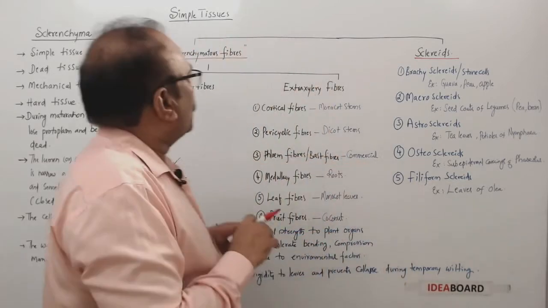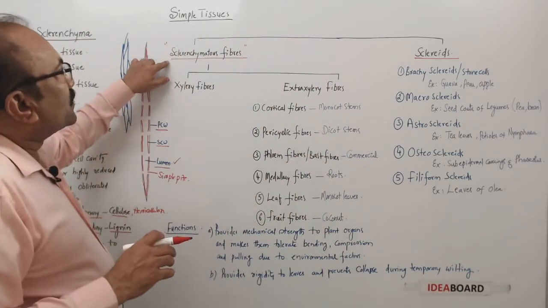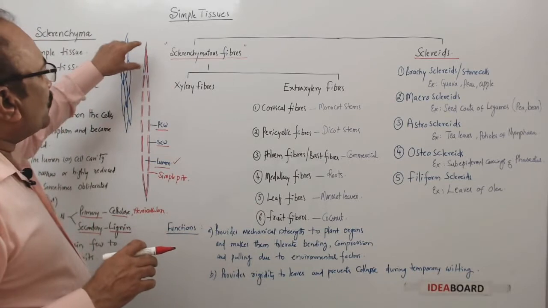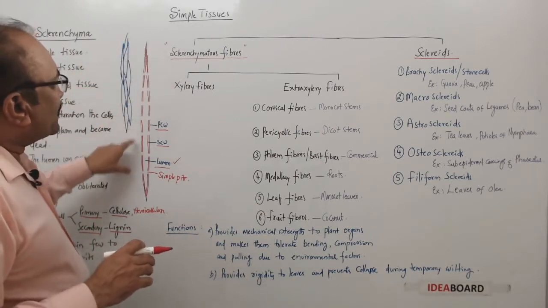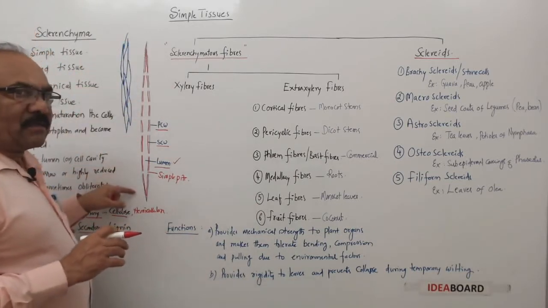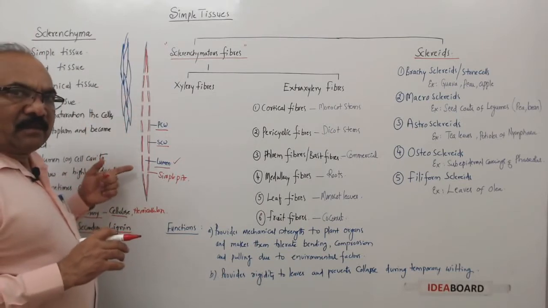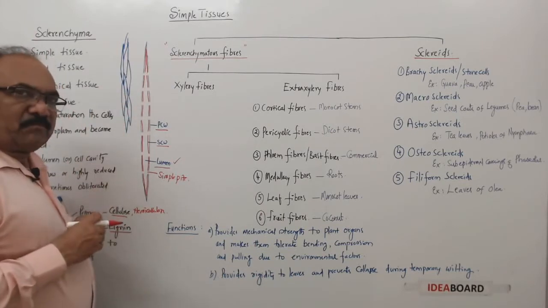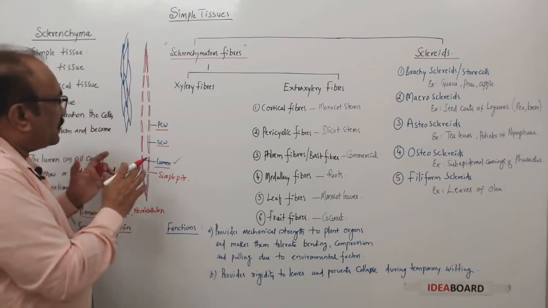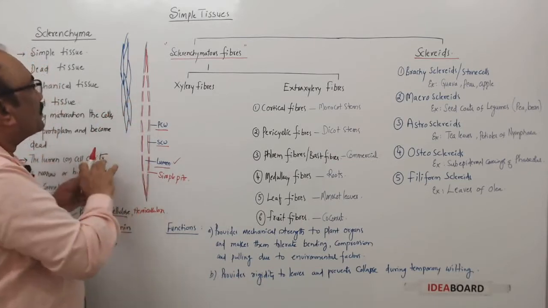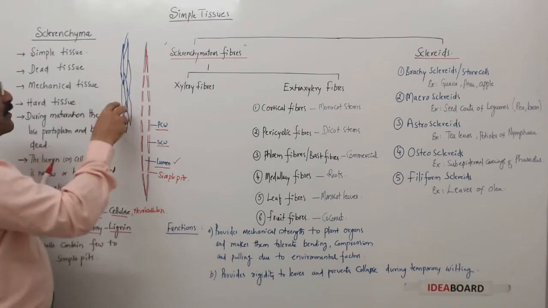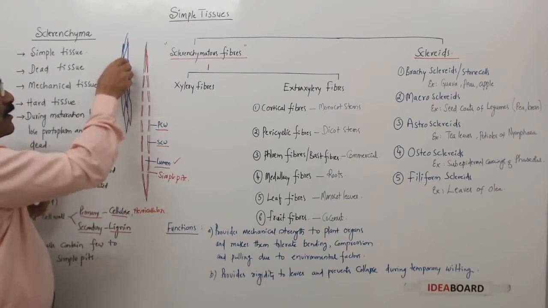The sclerenchymatous fibers are long, elongated cells with tapering ends, or spindle shaped cells, and they are intertwined like this, forming a tissue.